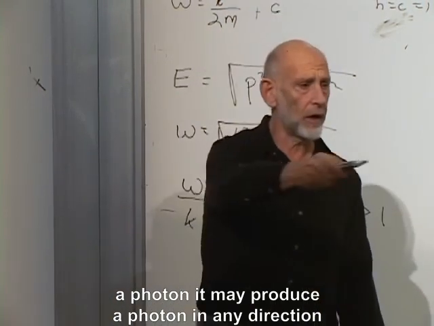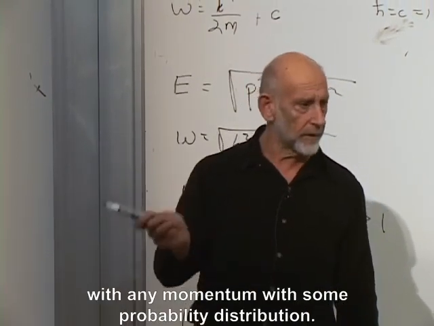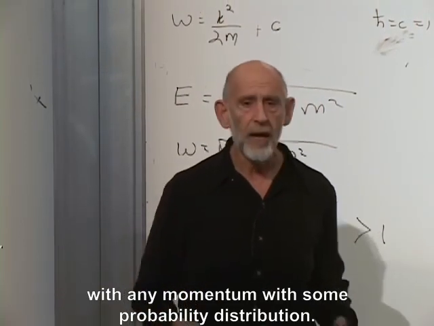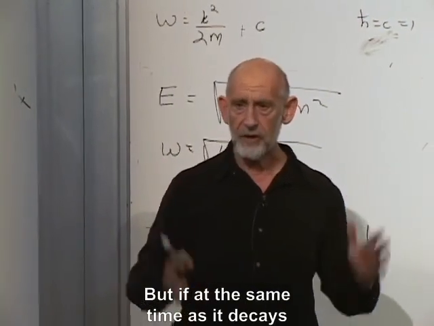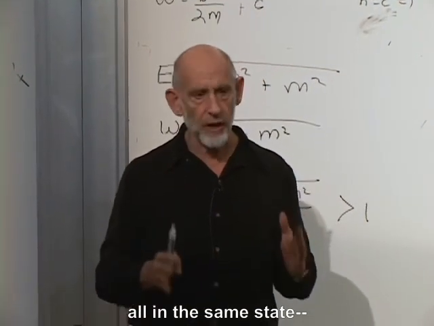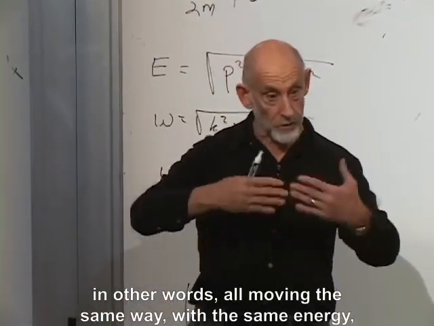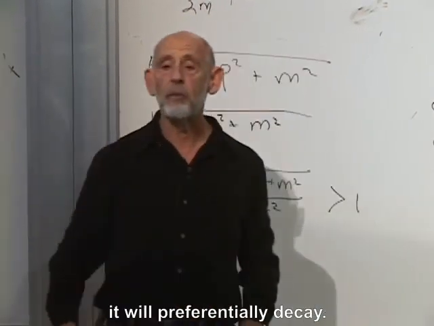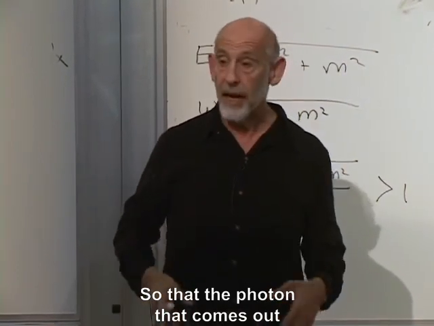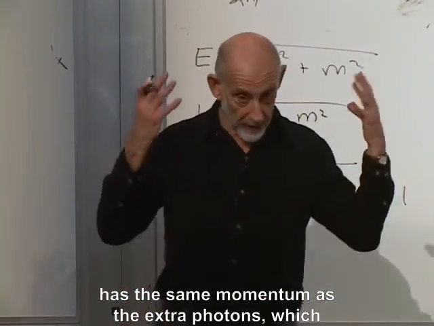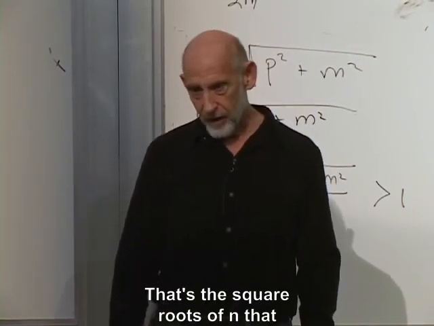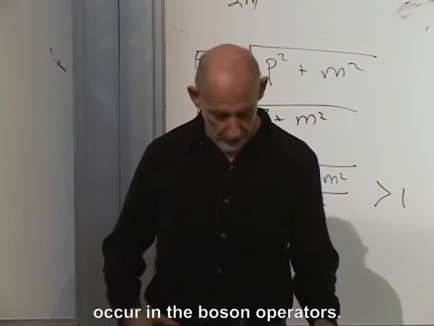It may produce a photon in any direction with any momentum, with some probability distribution. But if at the same time as it decays there happens to be a large number of photons all in the same state, in other words, all moving the same way with the same energy and the same frequency, it will preferentially decay so that the photon that comes out has the same momentum as the extra photons which are already there. That's the square roots of n that occur in the boson operators.